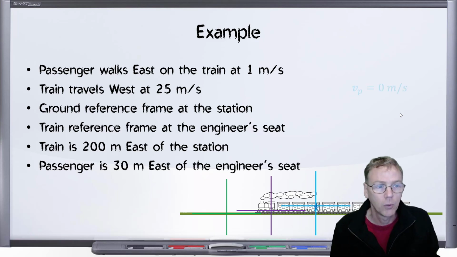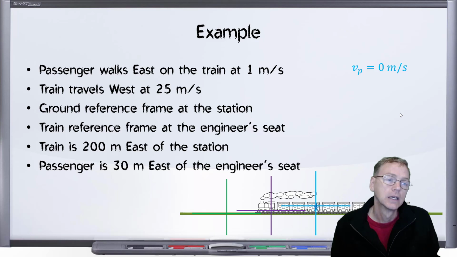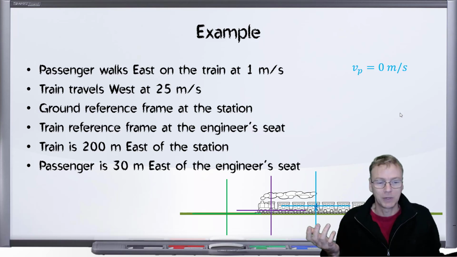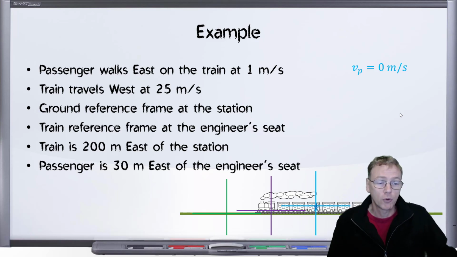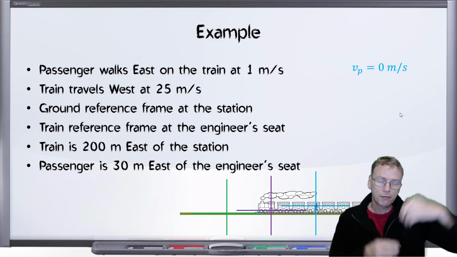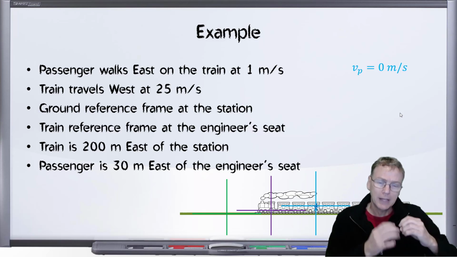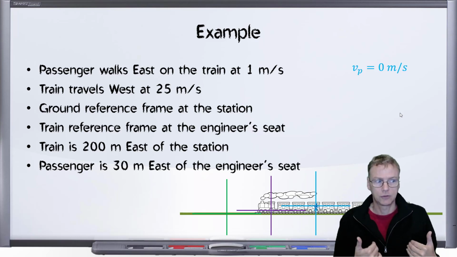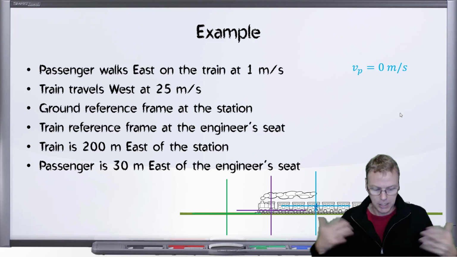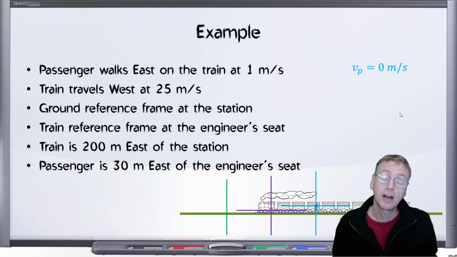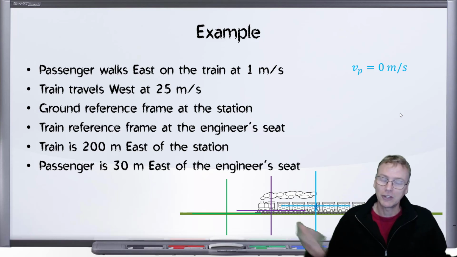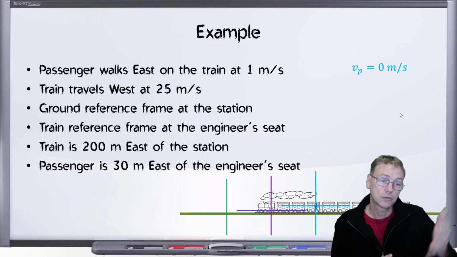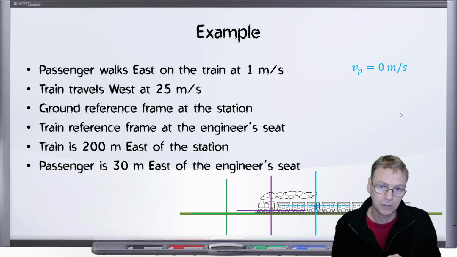What is the passenger's speed in any direction, really? In his own reference frame, of course, that's 0, because the reference frame of the passenger, we attached it to the passenger, and so he's not moving compared to himself. I mean, obviously. So in the passenger's reference frame, the velocity is 0.